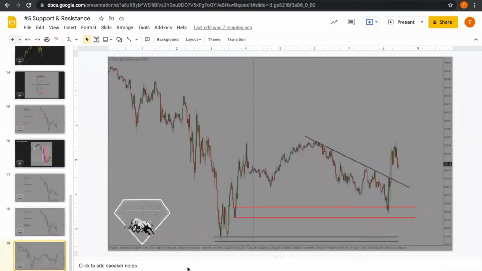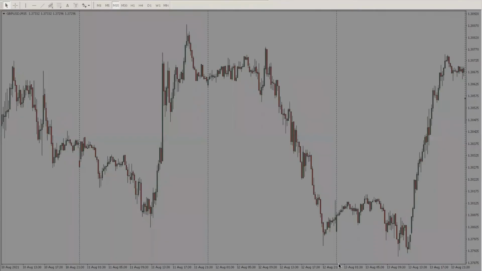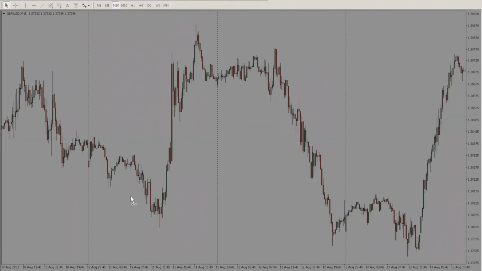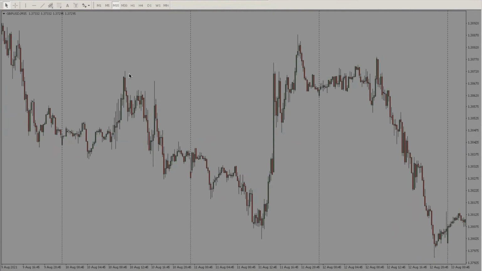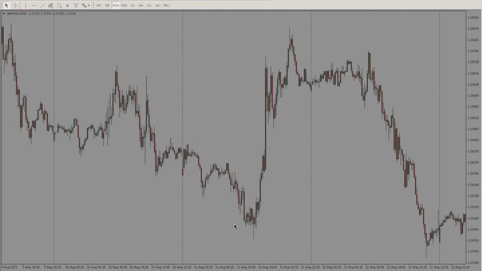Okay, so let's go into the charts real quick. Okay, so looking at price, if we're just talking about this day here, we could be using this as the peak low, and this is the peak high, looking at this whole area here.